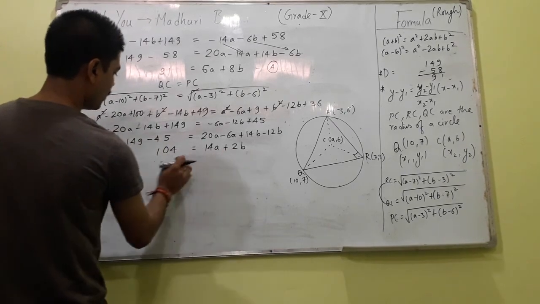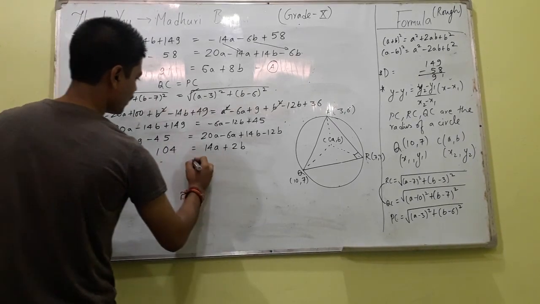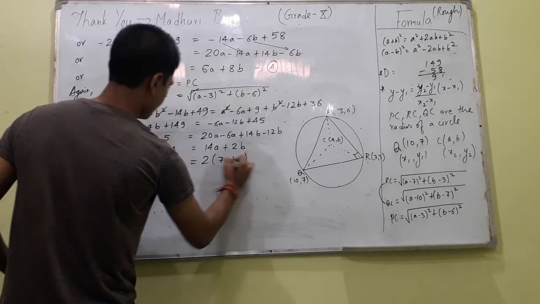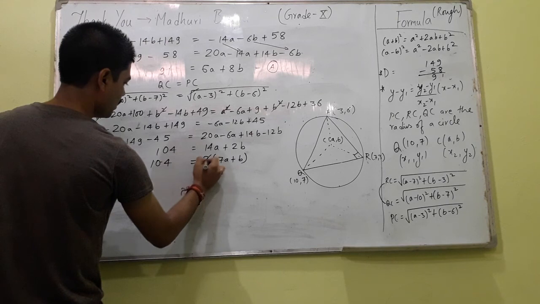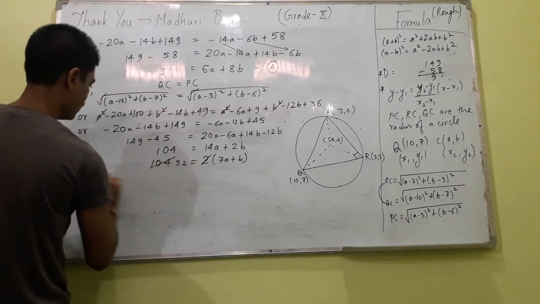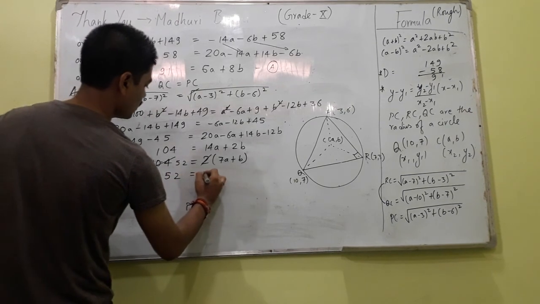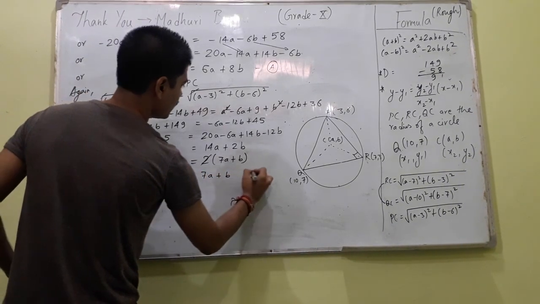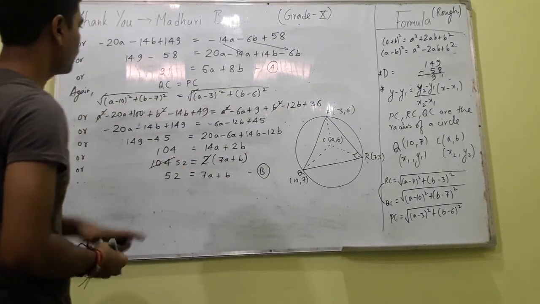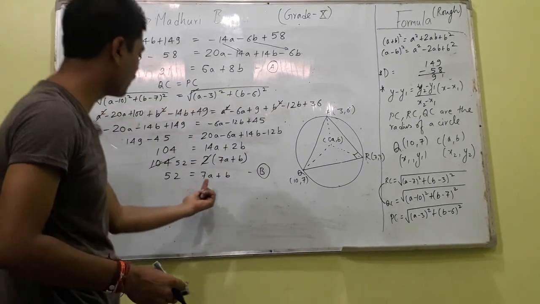Because there is an even number everywhere, you can take 2 common. 7a plus b, 104 divided by 2, 52. So we get another equation, 52 equals 7a plus b, equation number B. Now we got 2 linear equations, so we can solve these 2 linear equations to find the values of a and b.